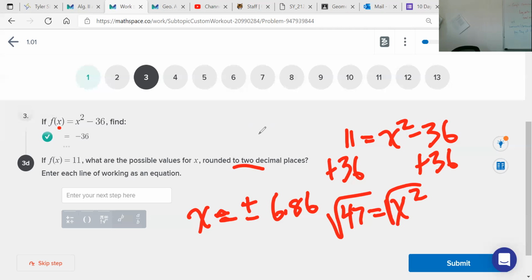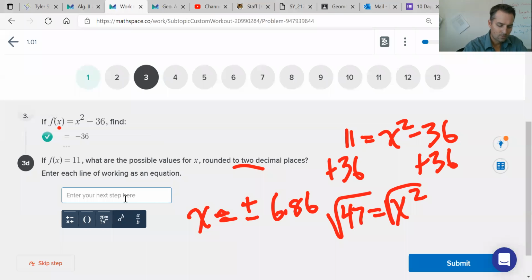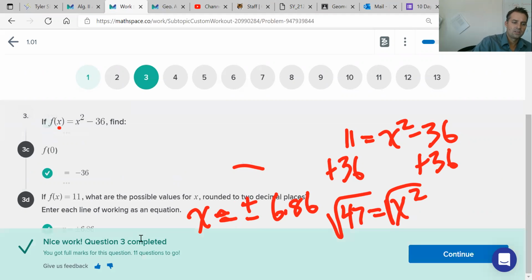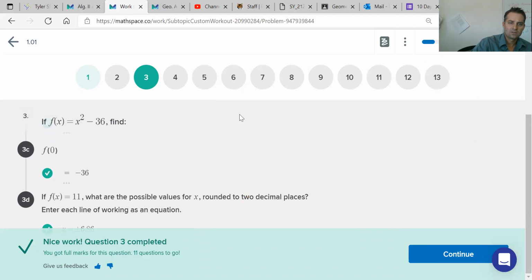Yeah, 6.86. Now let's go type that in. There should be a plus minus button right here. 6.86. Give it a shot. It's okay if we get it wrong. So we can go back and figure it out. Okay, so that's question 3.